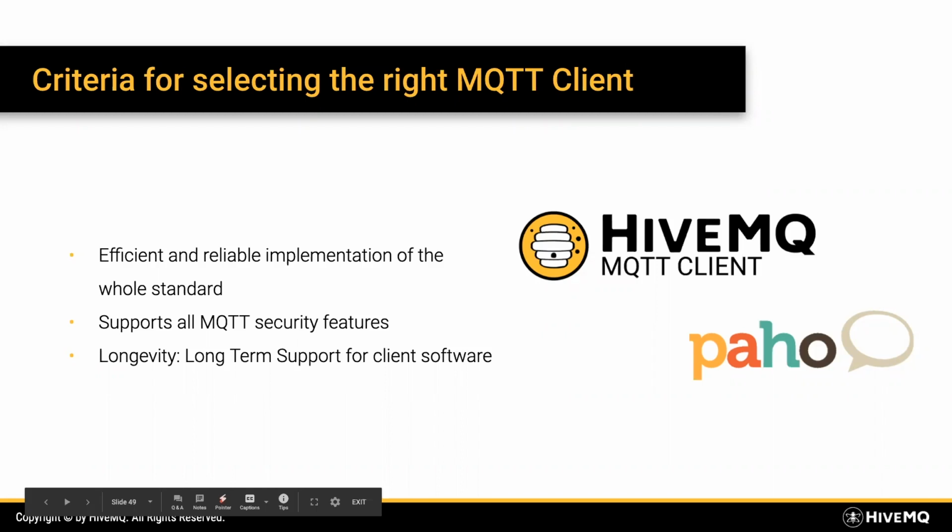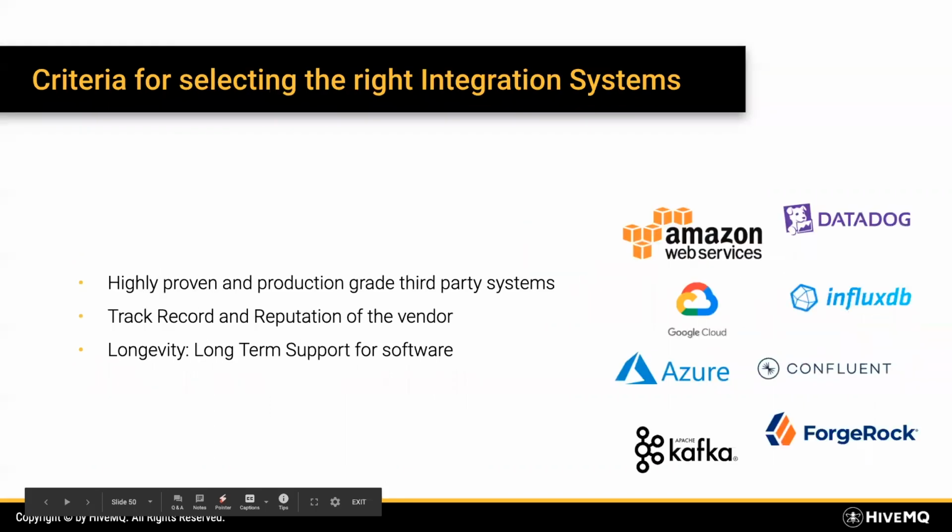If you are confident in the client software, you don't want to have to jump horses every time. Other systems are there. You need to have highly proven and production-grade third-party systems. They have to have a good track record. And of course, longevity counts for them as well.